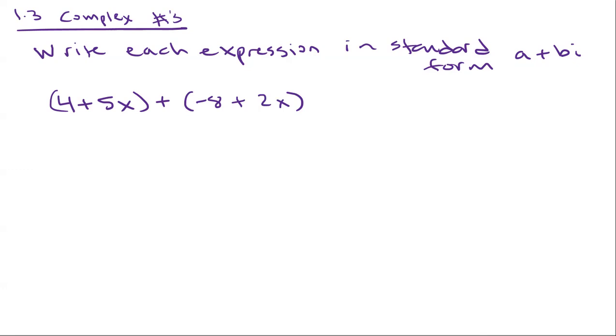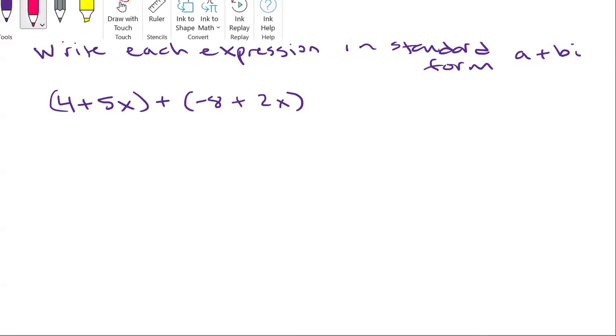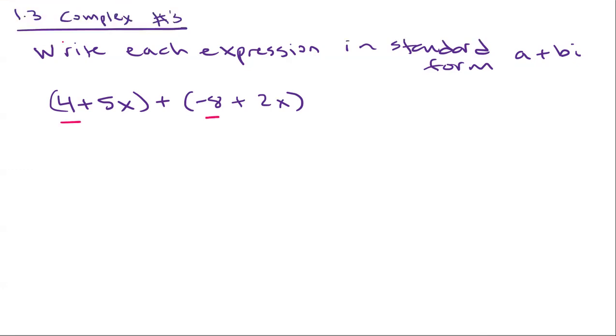What would you do here? You would combine the numbers, and then combine the ones that have variables in them. So you would combine the 4 and the negative 8, and then combine the 5x and the 2x.